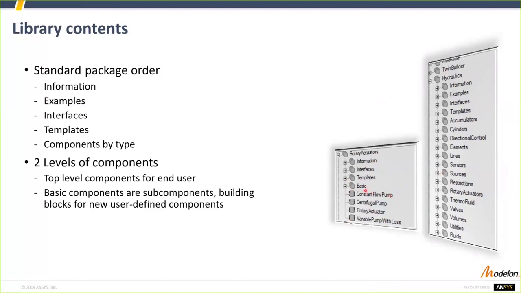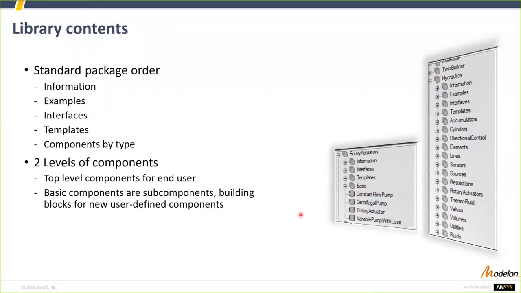So these components here at top level can be directly dragged and dropped and are for, let's say, all users. The parameterization is a bit eased, so it's easier to parameterize. The basic package includes the base components that are used to develop the top-level components, and they are for more experienced users.